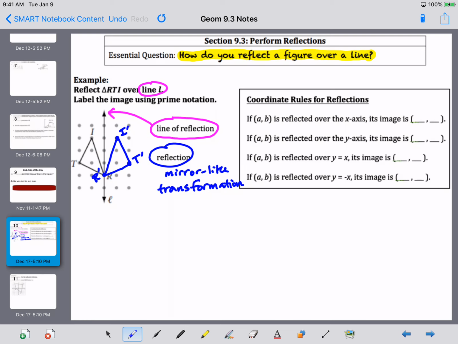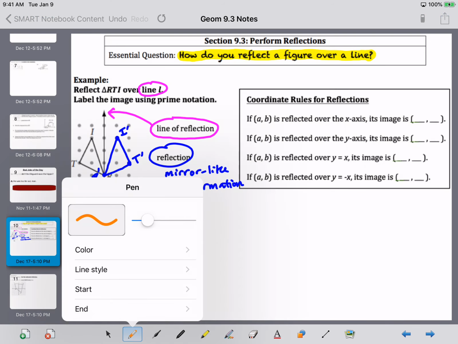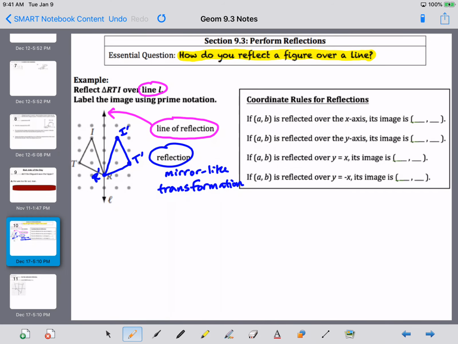All right, so there are 4 rules that if you're in the regular coordinate plane where 0, 0 is right in the middle, we can use. If it's reflected over the x-axis, then the image is A stays the same, and then the y value becomes opposite.